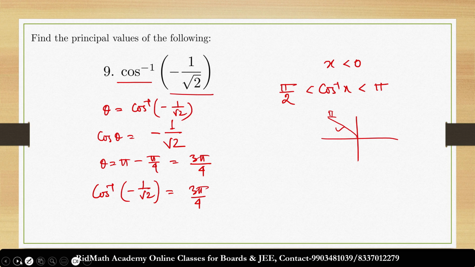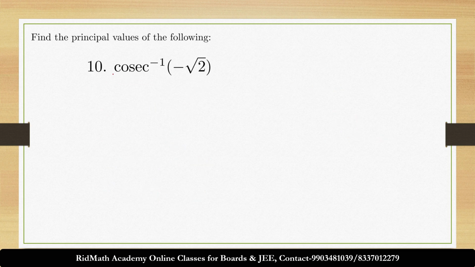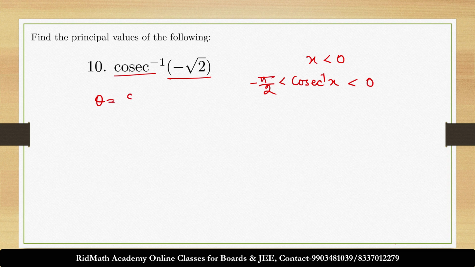Okay, next problem, problem number 10, cosec inverse minus root 2. Here x is less than 0, and when x is less than 0, cosec inverse x lies between minus pi by 2 to 0. So this is a negative angle, and let theta equal cosec inverse minus root 2, and cosec theta equals minus root 2.